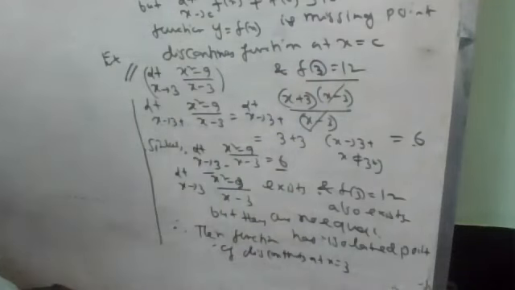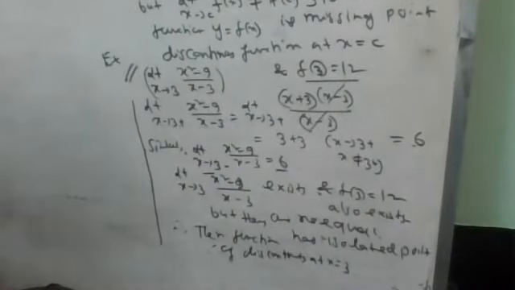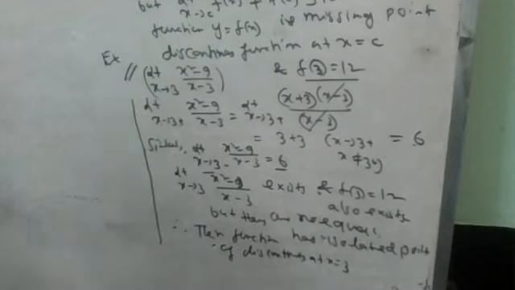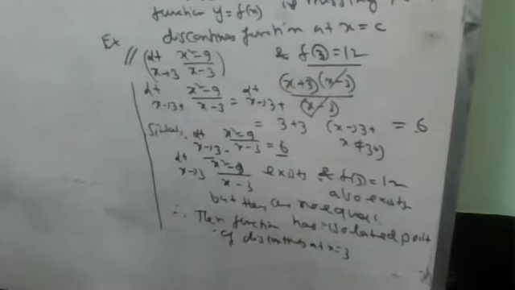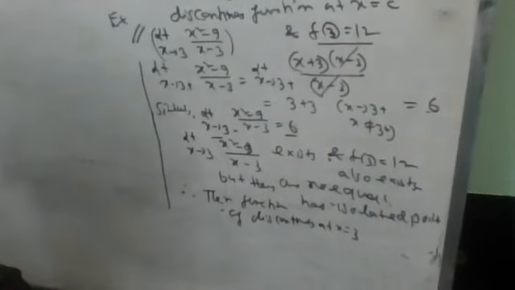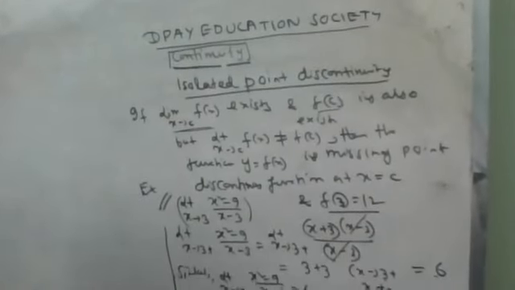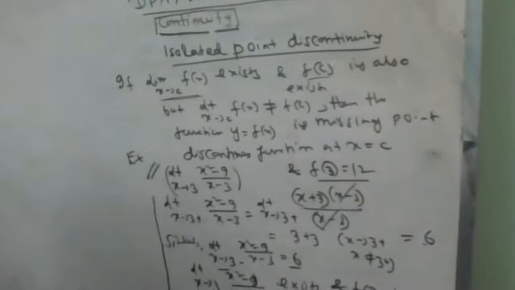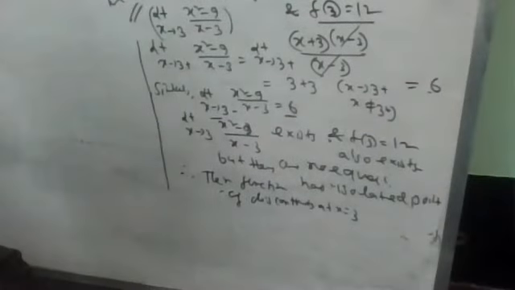So the function y is equal to f(x) has isolated point discontinuity at x is equal to 3. Please note down. Go through the definition.